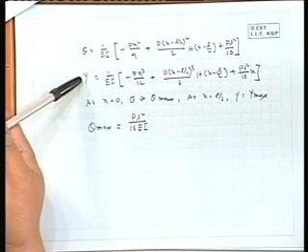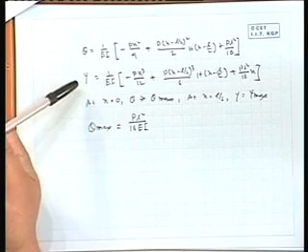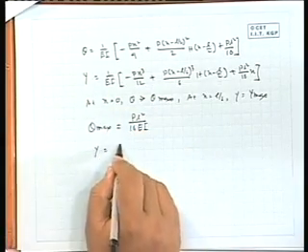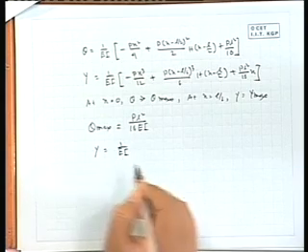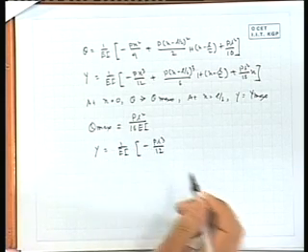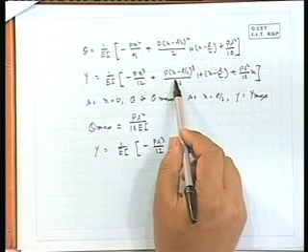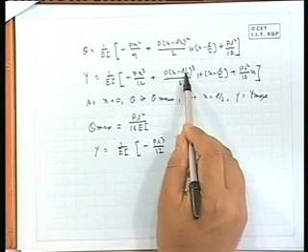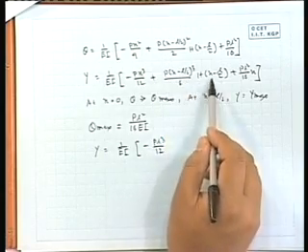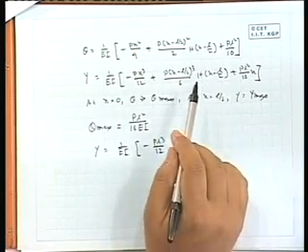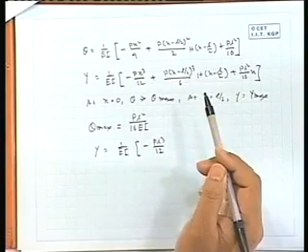Similarly, for the maximum deflection, it will not be all 0, we will get some value. So, y will be 1 by EI, PL cube divided by 12, and this term will be 0 because x will be L by 2 minus L by 2. Now, there is an ambiguity here, whether the unit step function will be 0 or 1, because that is the transition.